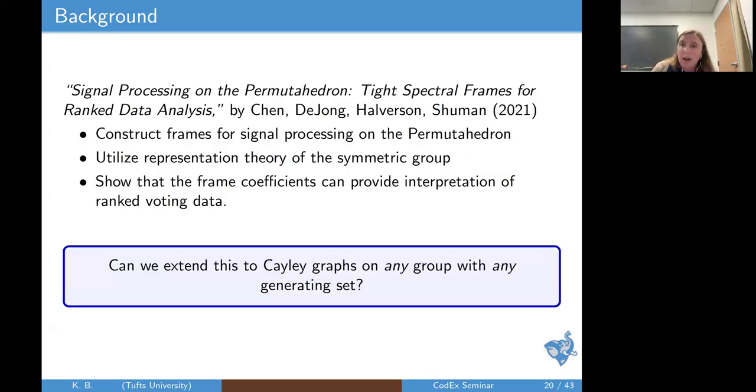So the question is, can we extend this to Cayley graphs on any group with any generating set? And so that's what we're going to do.